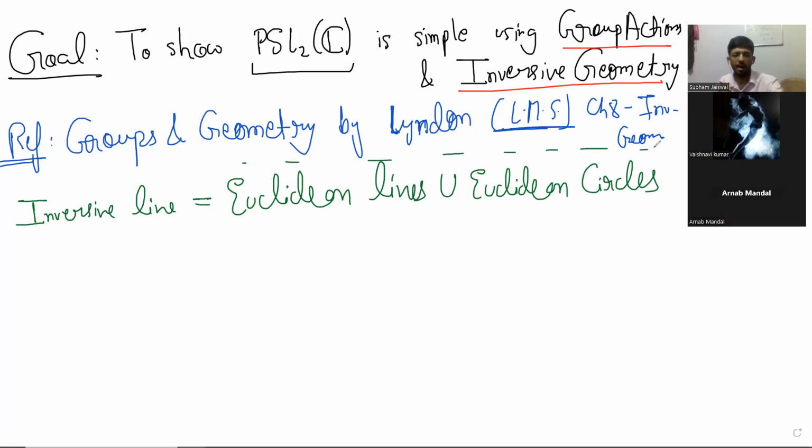Right? They have actually not defined inversive lines here. So yeah, maybe this is a bit premature. But anyways, an inversive line is just a union of Euclidean lines and Euclidean circles. I just call everything inversive line. But actually, I made a slight mistake. Actually, I should have first defined the inversive plane.